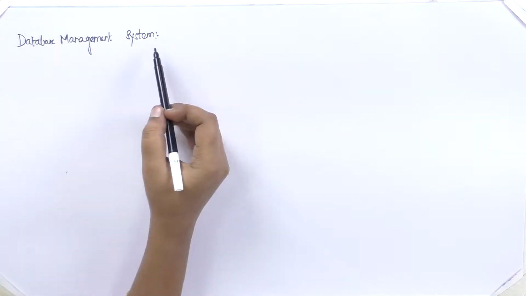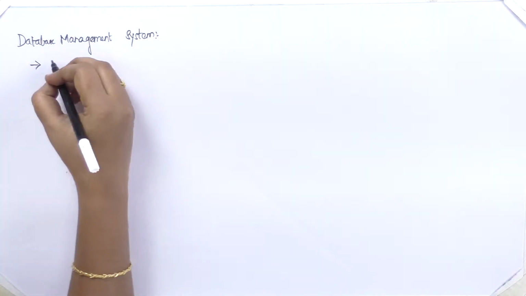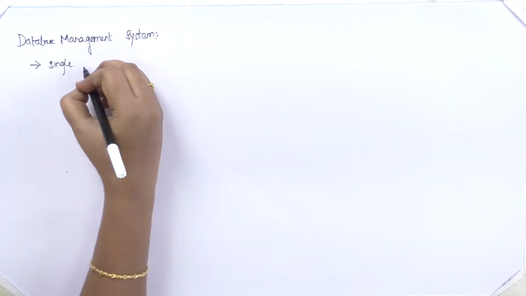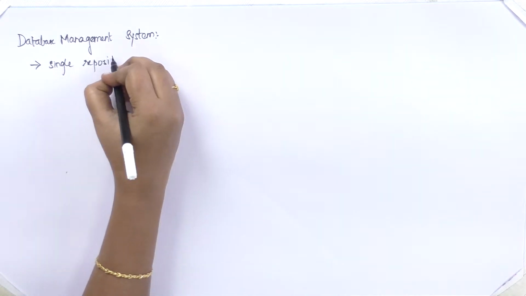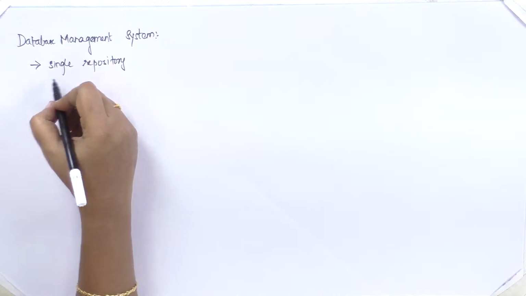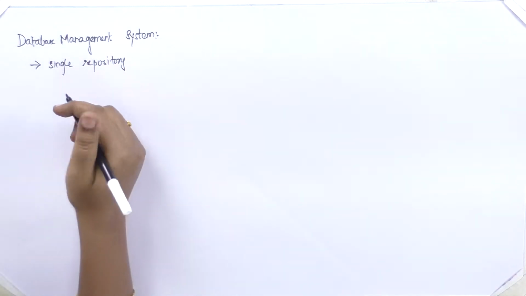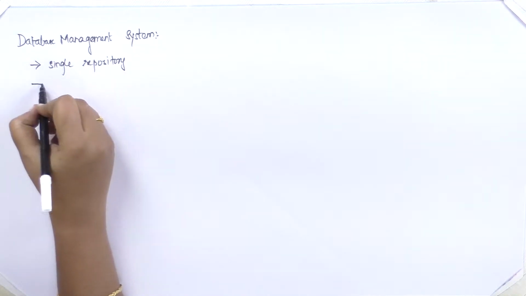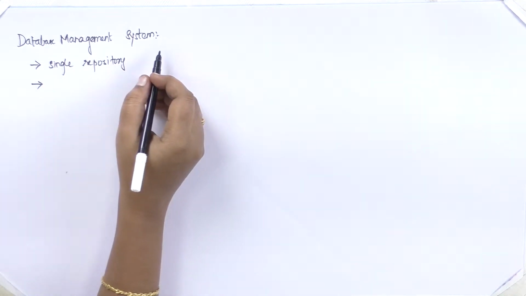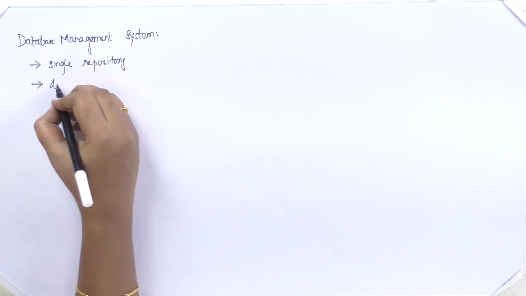First we will see about database management system. A database management system is a single repository, that is, it is a single place where you will be storing your data. That is why it is called a single repository where the data is maintained. Each and every database management system will have the definition of its data formats.